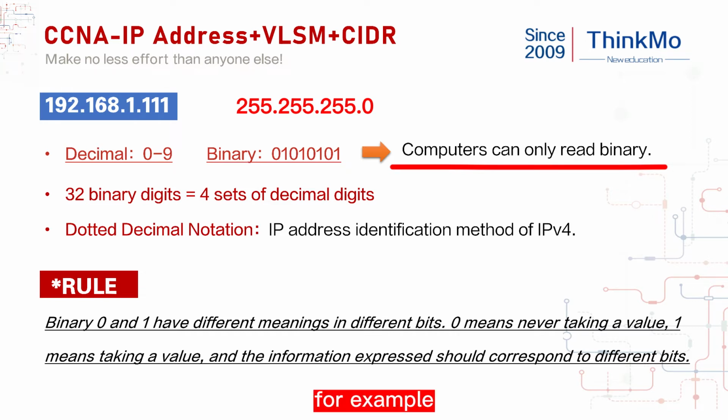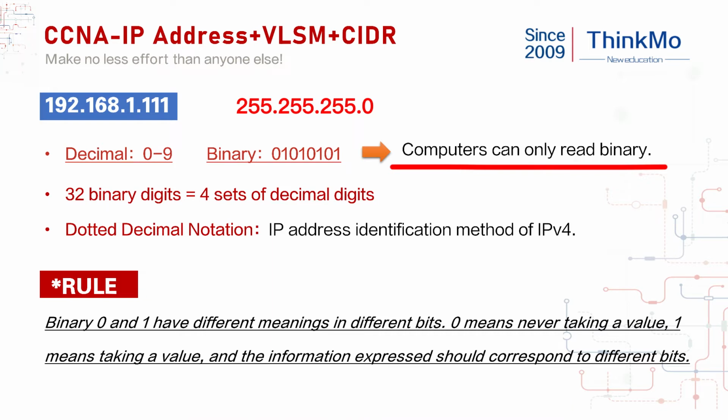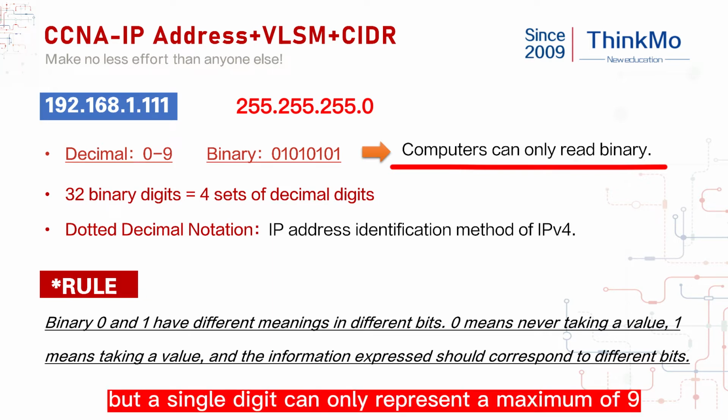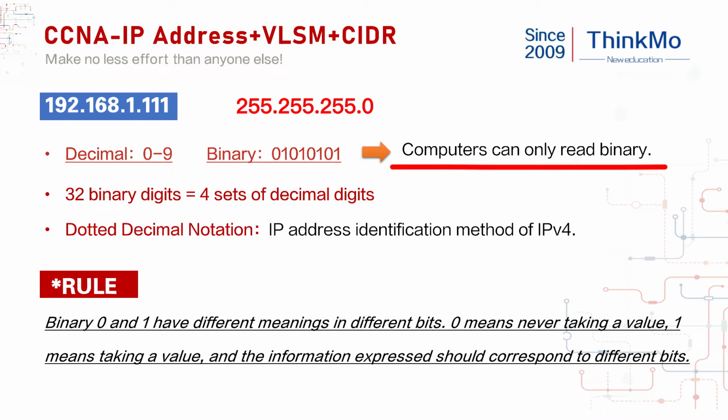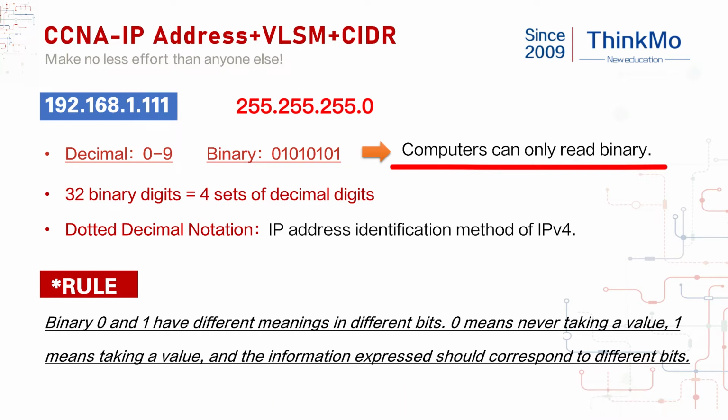If a digit has no way to represent the current value, for example now I want to represent 10 in decimal, but a single digit can only represent a maximum of 9. To mean 10, we can only move forward by 1: this digit becomes 0, and 1 step forward is 1, representing 10. That is what decimal is.